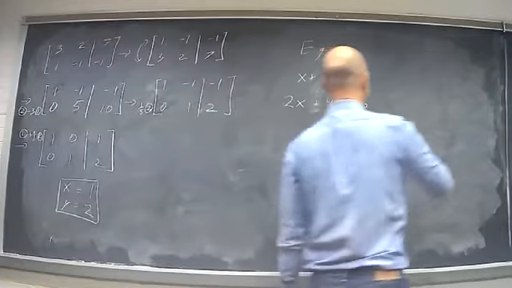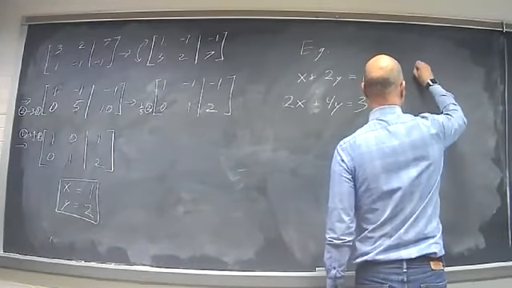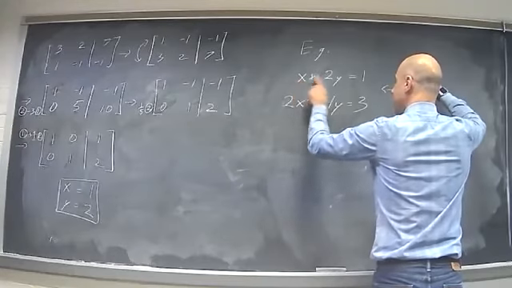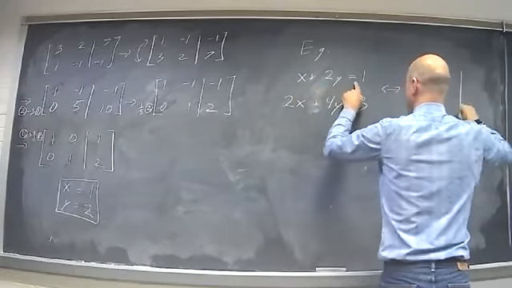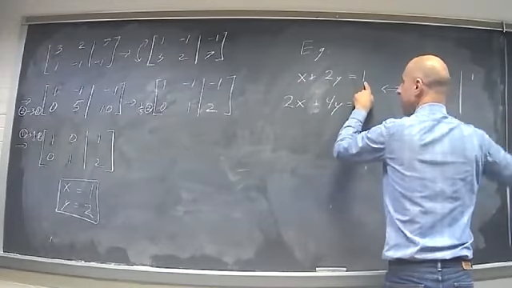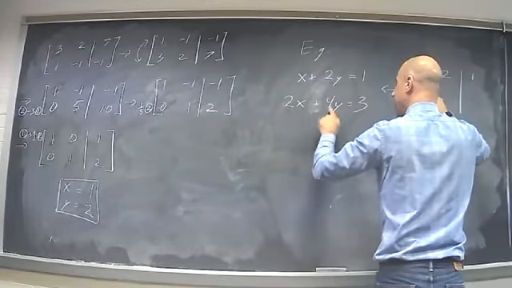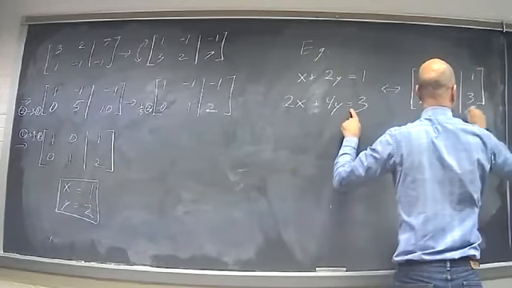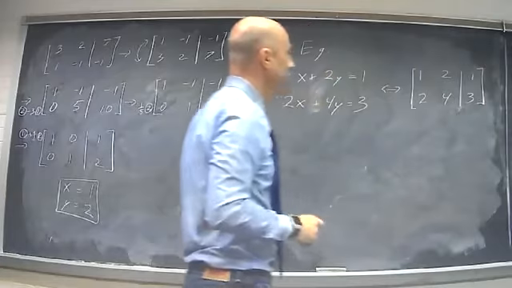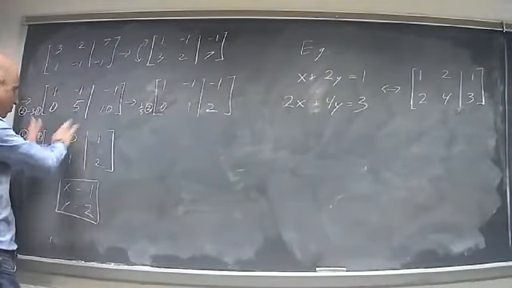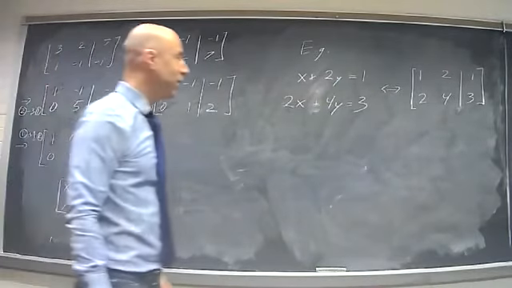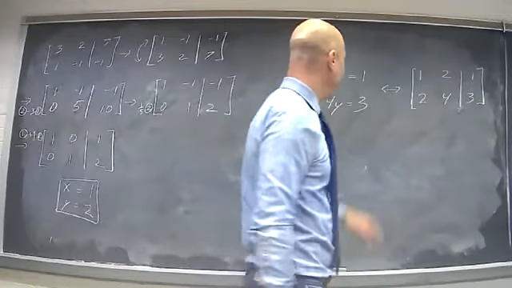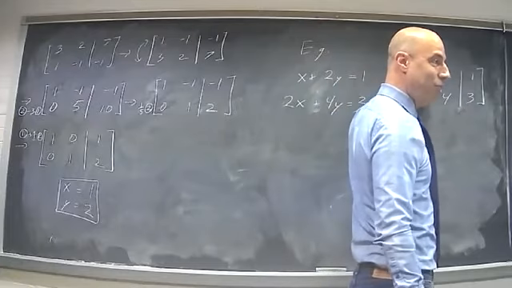Let's convert this into a matrix form. So right now I have 1 in front of my x, 2 in front of my y, equals 1, 2 in front of my x, 4 in front of my y, equals 3. And let's try to massage this into a form that looks something like that. Well, this is a particularly nice one in some ways. I already have a 1 in the upper left-hand corner. That part's already done, check.